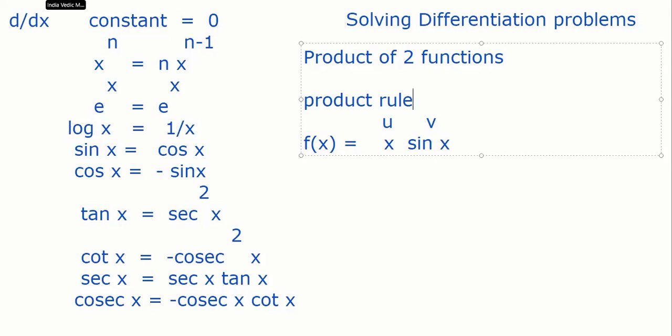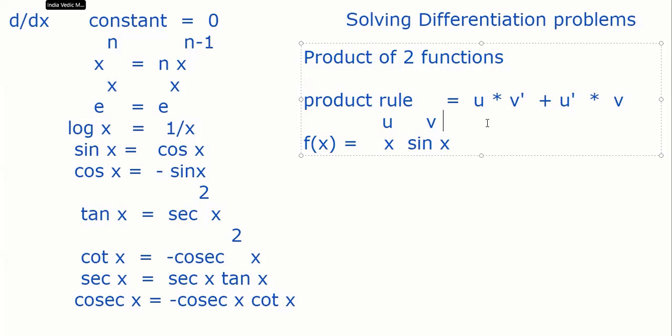Now what the product rule says, if there are two functions u and v, then the differentiation will be very easy. You take the first function, multiply with differentiation of the second one, u into v dash, plus u dash, differentiation of first function into the second.